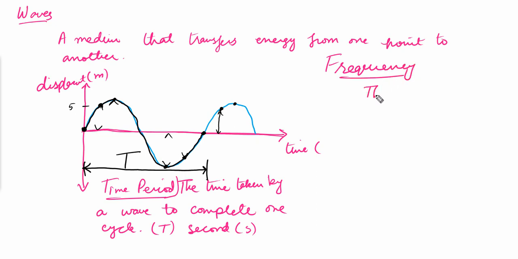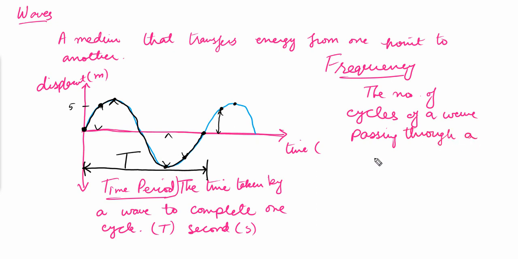Frequency is the number of cycles of a wave passing through a point in 1 second. We represent the frequency in hertz.